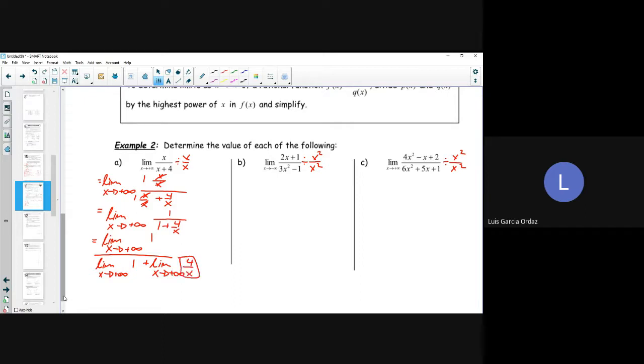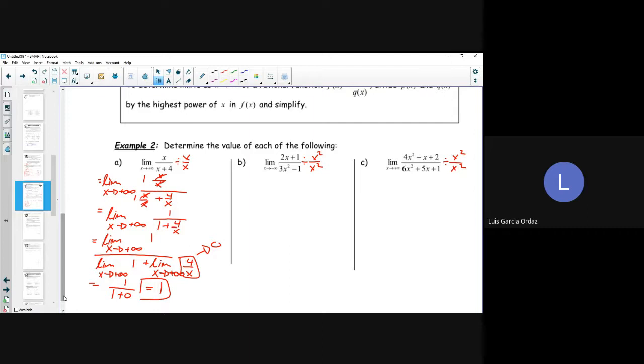We know that this is going to give us 0. So at the end, we get 1 over 1 plus 0, and that gives us 1, which means that the limit as x approaches positive infinity of x over x plus 4 gives me a value of 1.